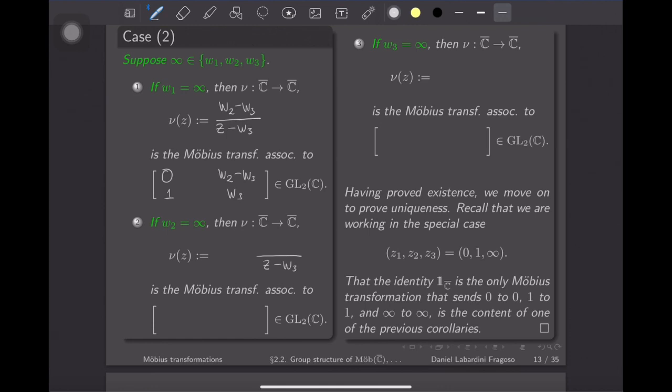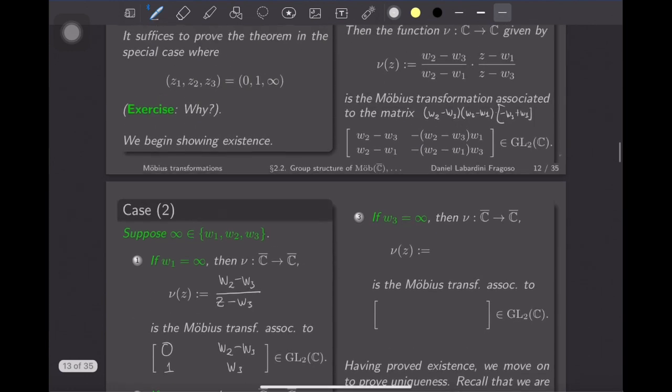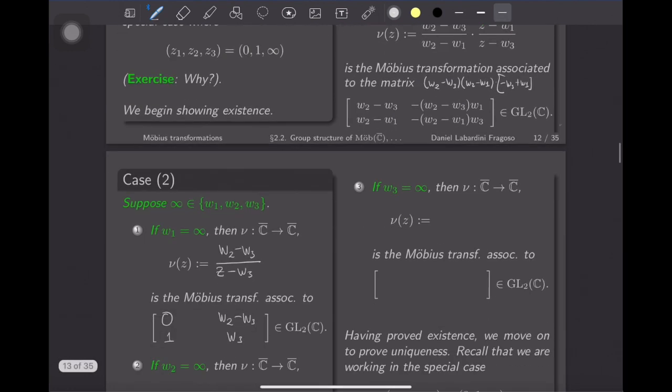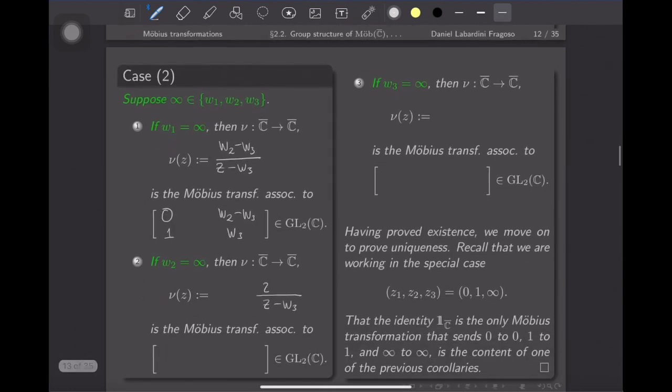I want W1 to go to 0, so Z minus W1. And I want W2 to go to infinity.